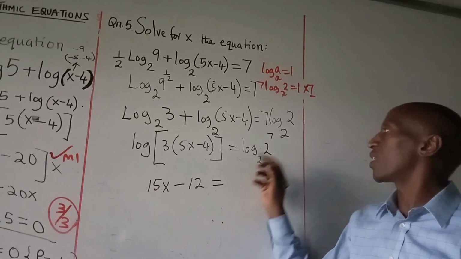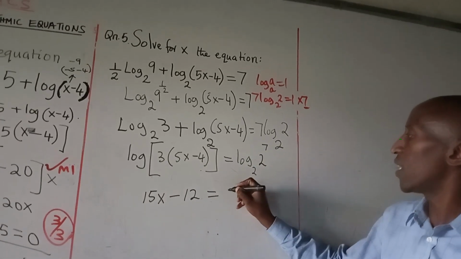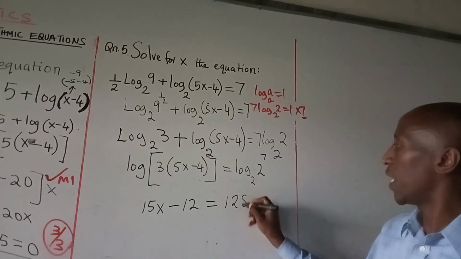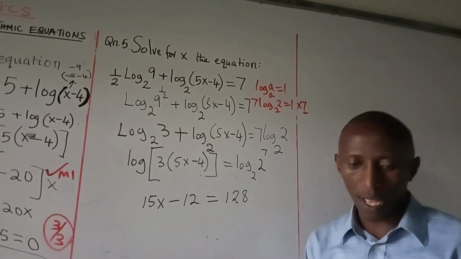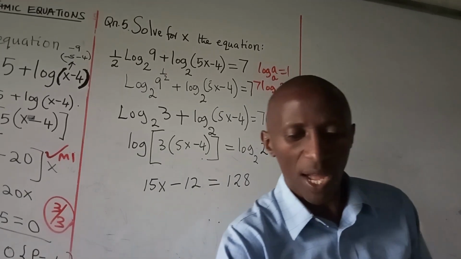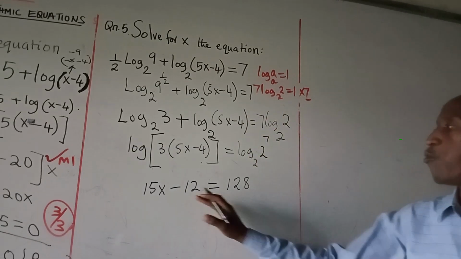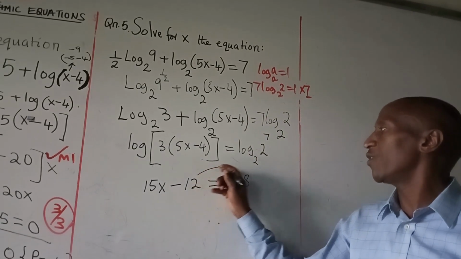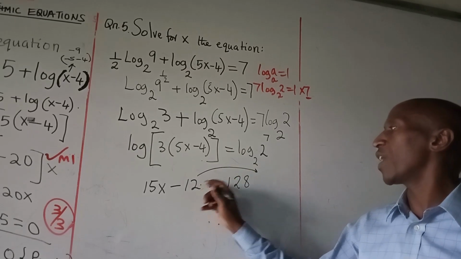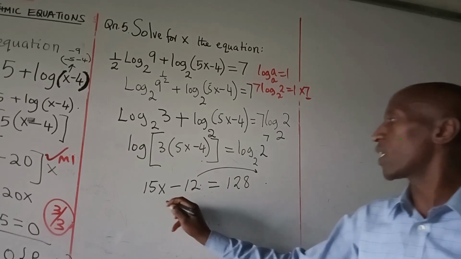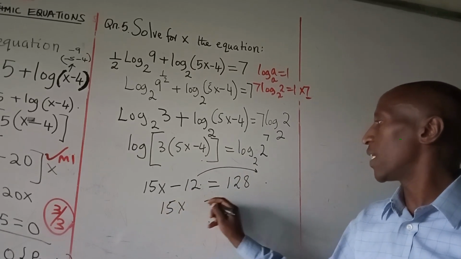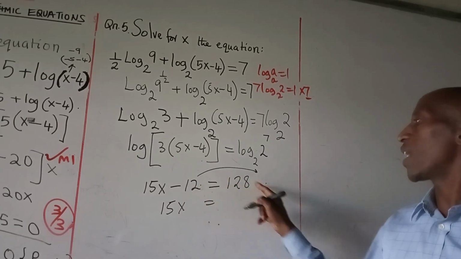we can drop the logarithms and then we get 2 to the power 7 is 128. So at that point, we may put like terms together. This negative 12, we add 12 here and 12 on this other side to get us 15x is equal to 128 plus 12.